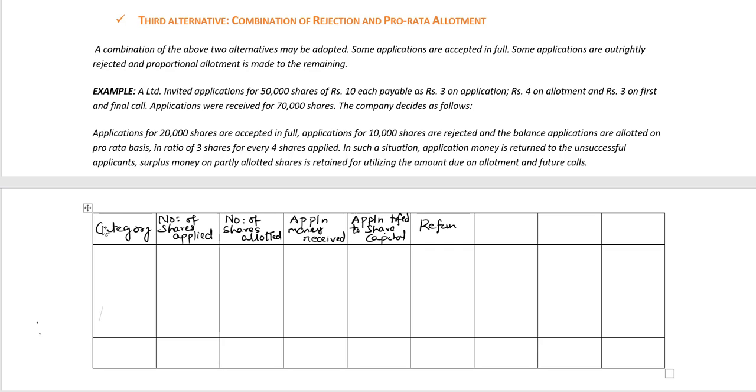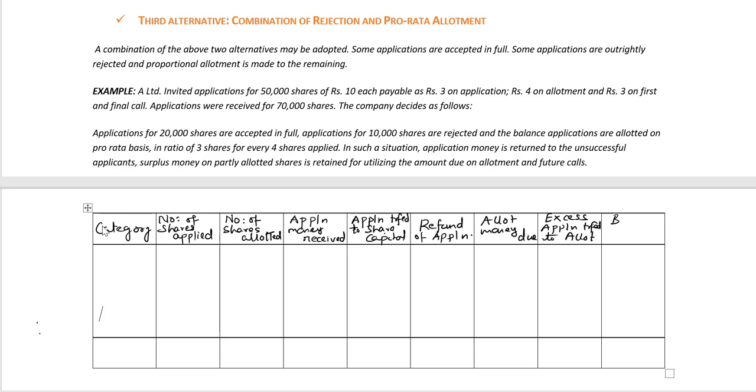Refund of application money. Allotment money due. The 8th column is excess application transferred to allotment.